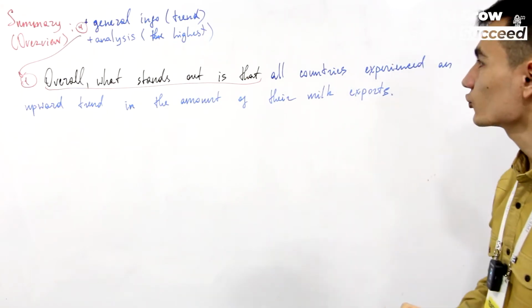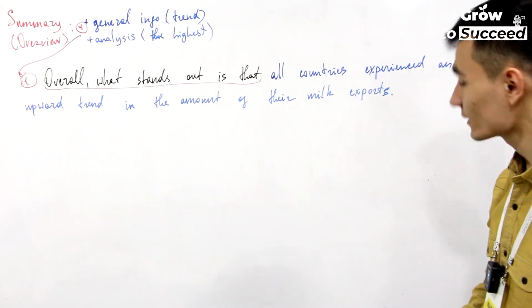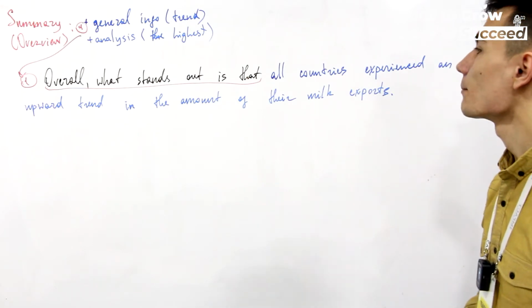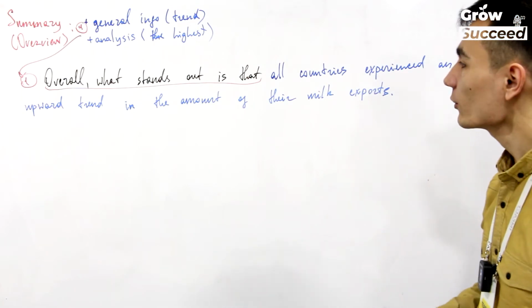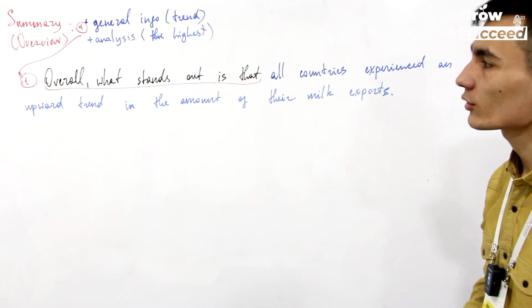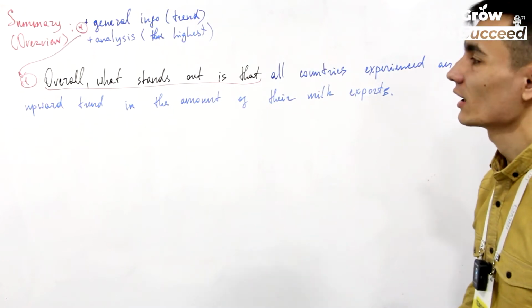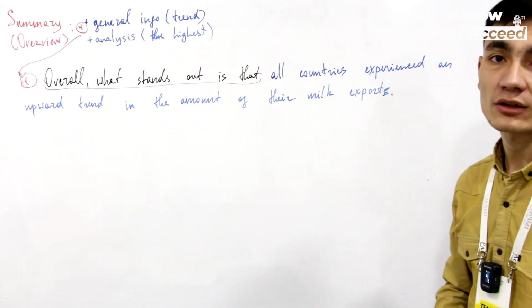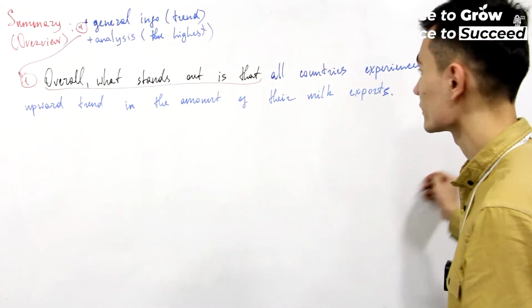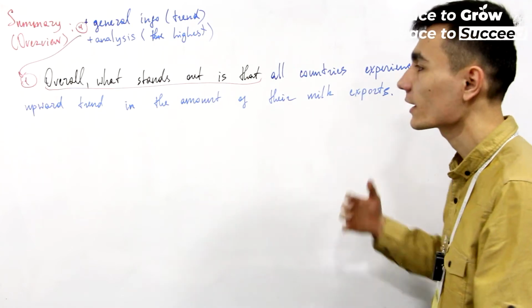So here what you have to pay attention to is, I said all countries experience an upward trend in the amount of their milk exports. Why are we saying in the amount of milk exports? Because if you say all countries experience an upward trend or a rise, countries cannot experience a rise. They can experience a rise in certain fields, and that's why it's the amount of their milk exports.